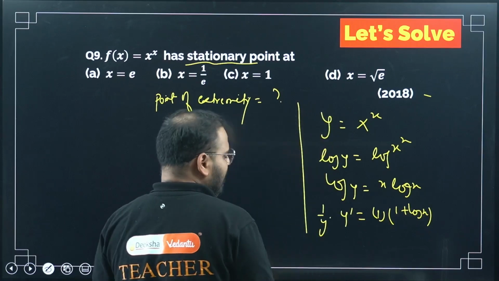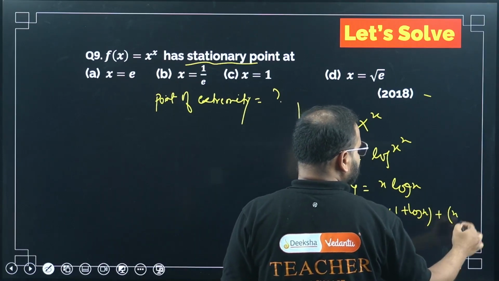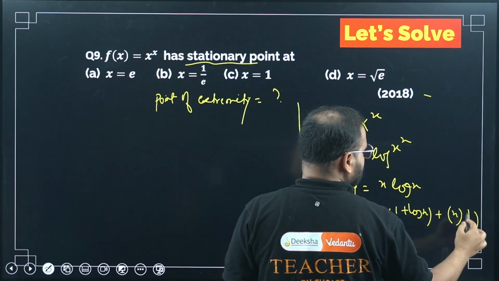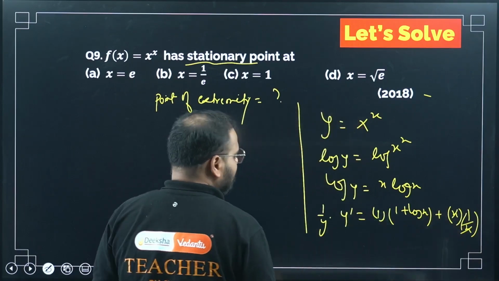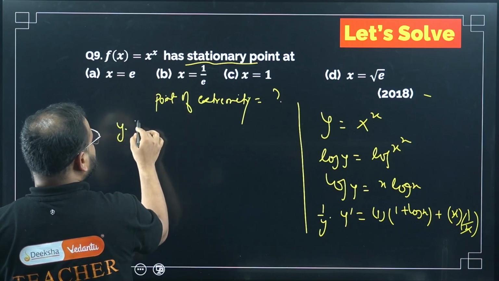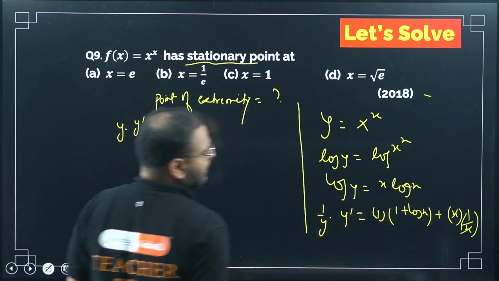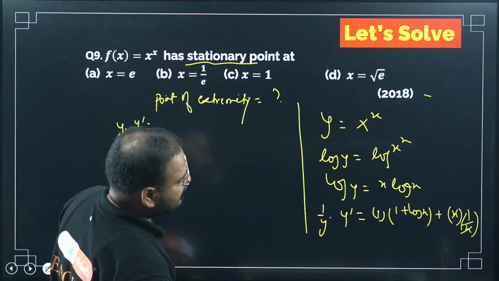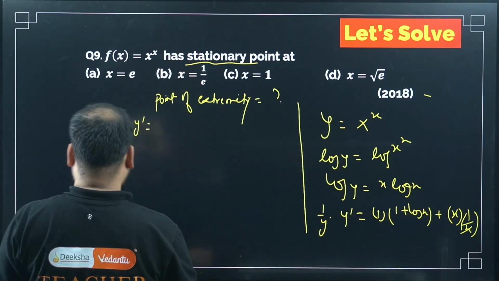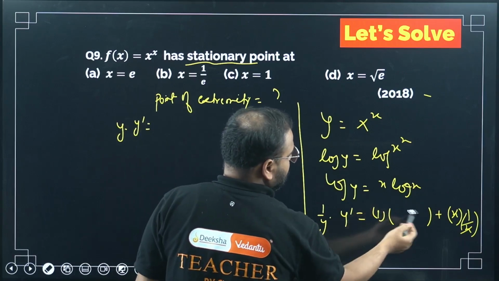And for this part, what I'm going to get? Please check. X will be as it is, this will be 1 by x, cancels. What is my final answer? I'm getting dy by dx equals to simply 1 plus log x. Okay, all right. One second, one mistake I've done here, not 1 plus log x, right? Because why 1 plus log x?